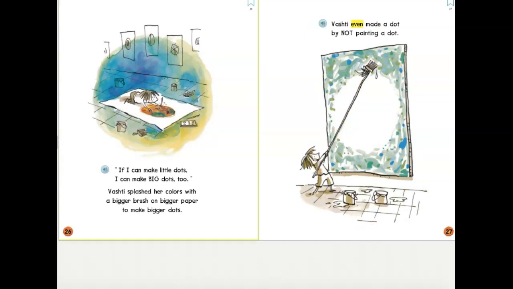"If I can make little dots, I can make big dots too." Vashti splashed her colors with a bigger brush on bigger paper to make bigger dots. Vashti even made a dot by not painting a dot.